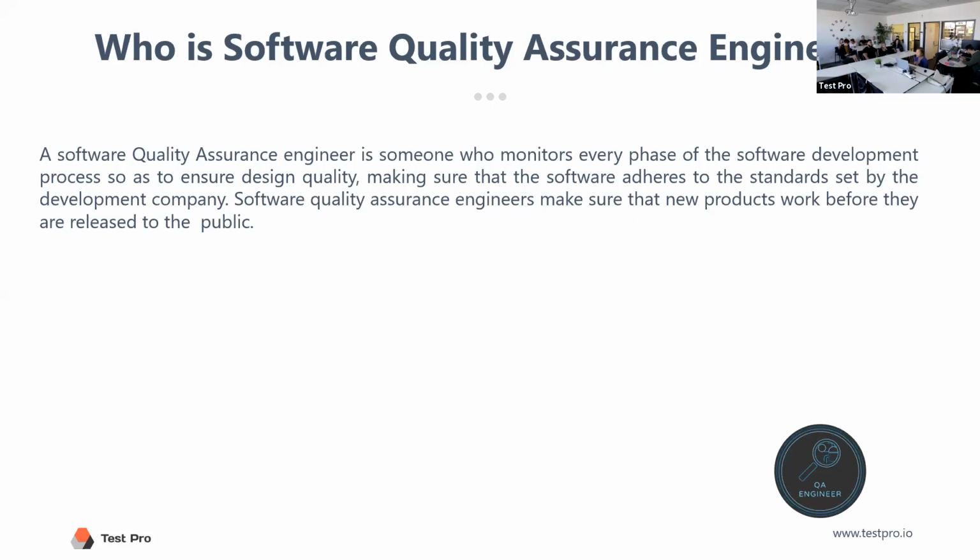Reading what's presented here: a software quality assurance engineer is someone who monitors every phase of the software development process to ensure design quality, making sure that the software adheres to the standards set by the development company. Software quality assurance engineers make sure that new products work before they are released to the public.